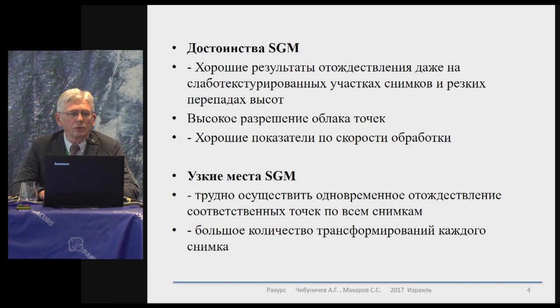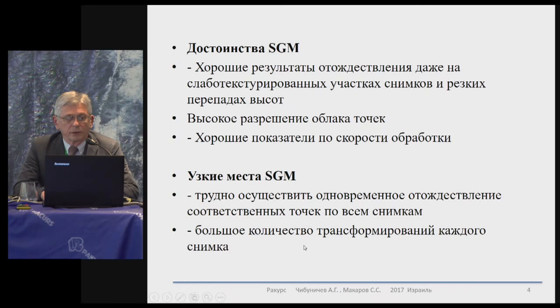This approach, of course, has its own advantages, among which would be good results of matching, even on the lowly texturized parts, and when we have different contours, high resolution, and good speed indicators, because this method helps us organize parallel computation, and the speed of computation in some cases can be as high as real-time computation.